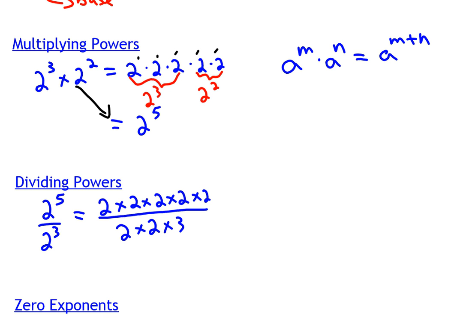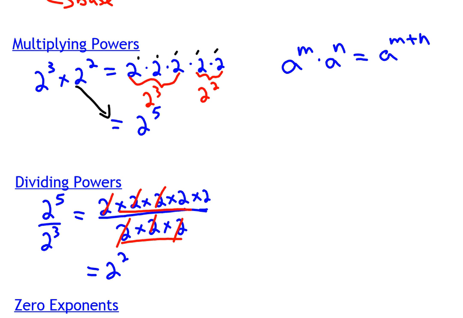Now, because we have nothing but multiplication in the numerator, oh, sorry, that's a 3, not a 2. Let's fix that up. Because we have nothing but multiplication in the numerator and nothing but multiplication in the denominator, these are all factors, so we can divide out a factor of 2 from the numerator and the denominator. So 2 divided by 2 is 1, 2 divided by 2 is 1, 2 divided by 2 is 1, so we're left with 2 squared.